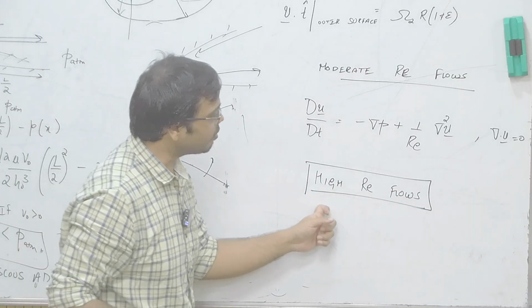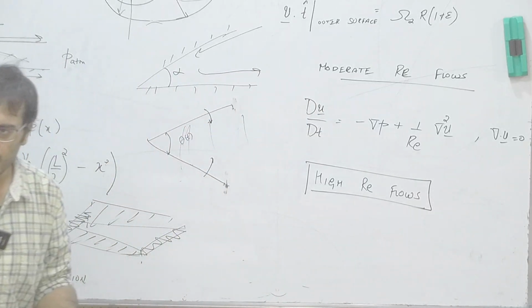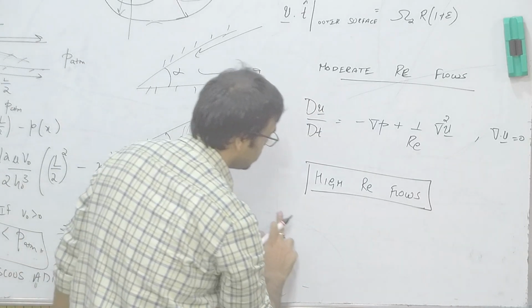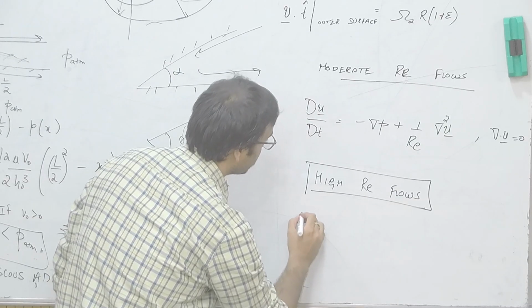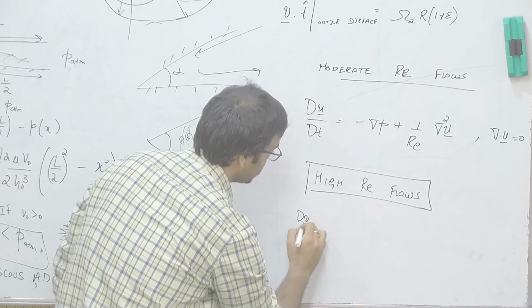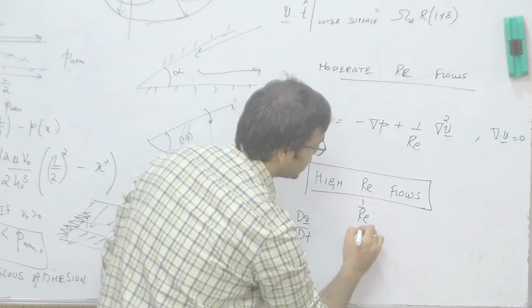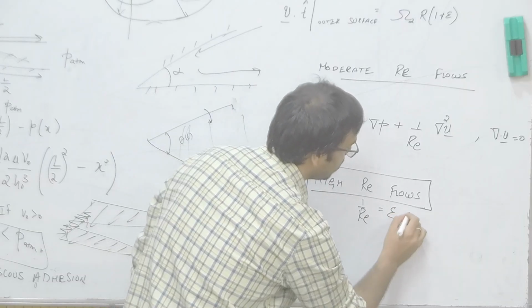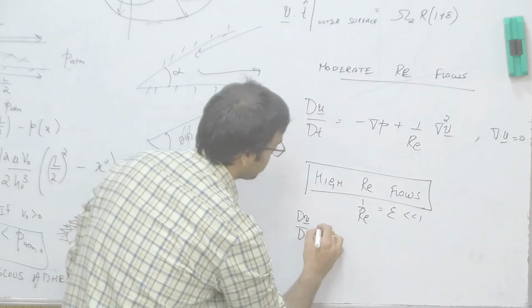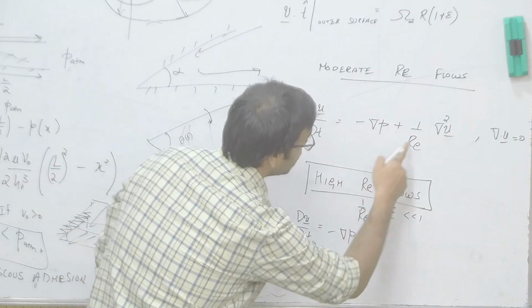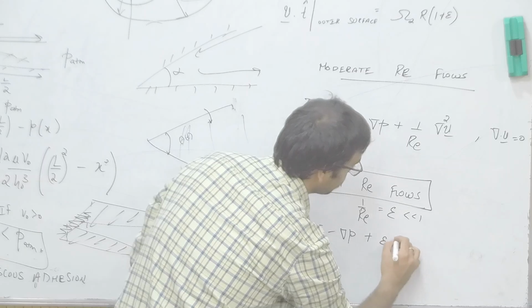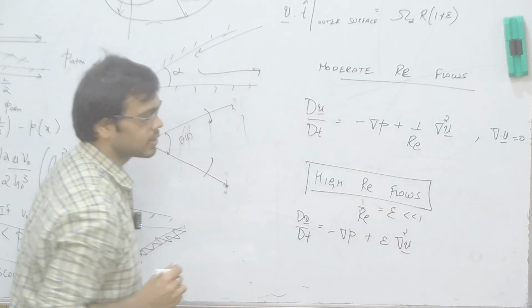But now when you have high RE flows, we fall into some paradoxes. Let us say you have high RE flows. So, 1 by RE is going to be some epsilon which is much less than 1. Your dimensionless Navier-Stokes equation will read something like this.